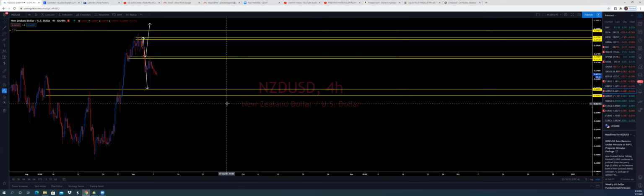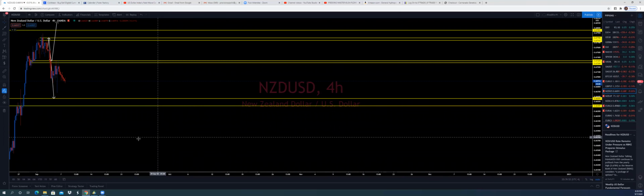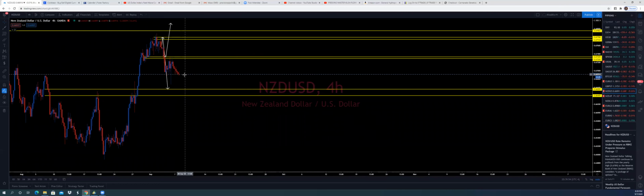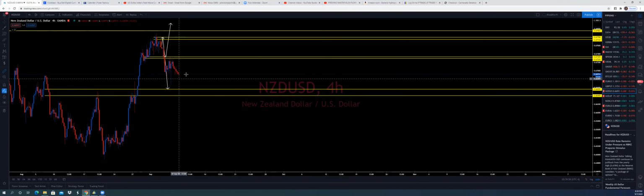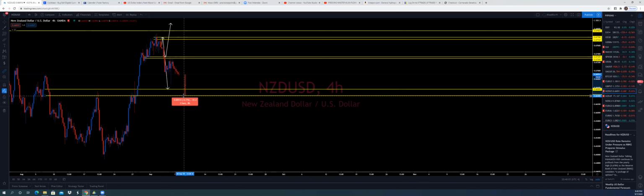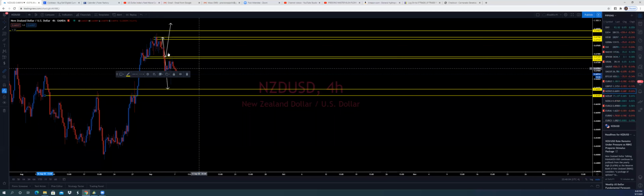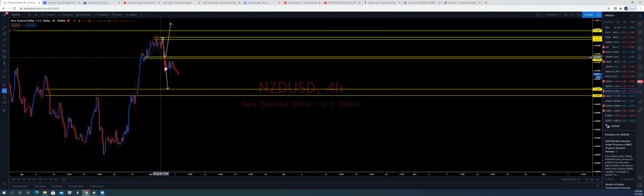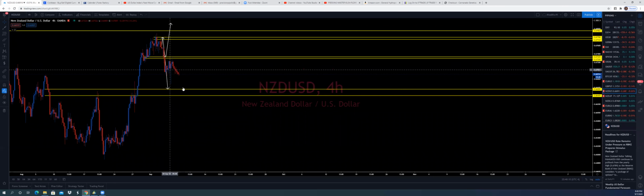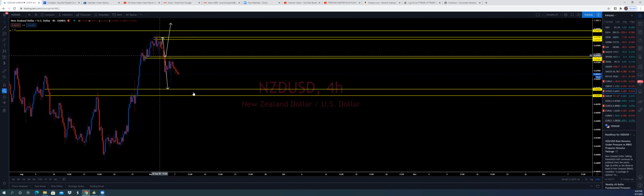Moving on to NZD/USD. I want to see this move finish playing out. We have about 35 to 50 pips to see this downward move here to sell finish playing out.